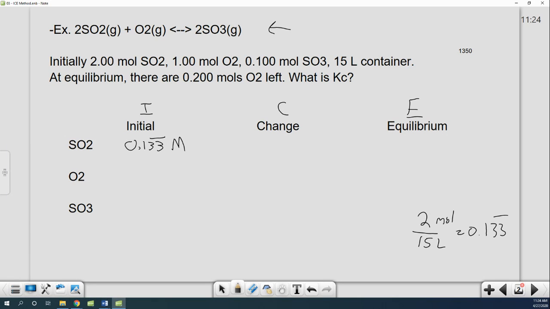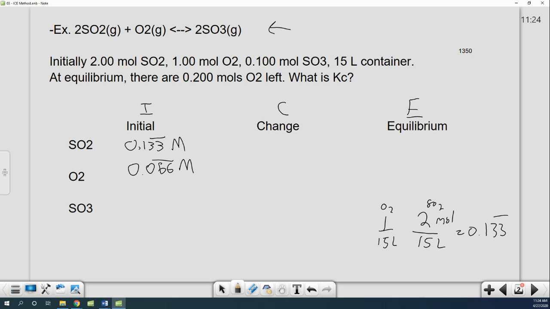And of course it is in molarity, moles per liter. And I can do the same thing for oxygen. Oxygen would just be 1 over 15 liters. So this is the SO2, this is the O2. So 1 over 15 equals 0.06 repeating.